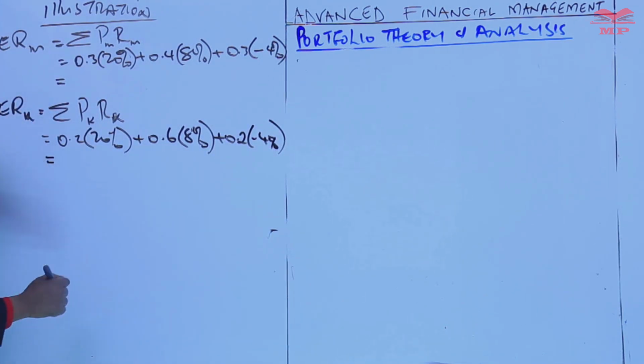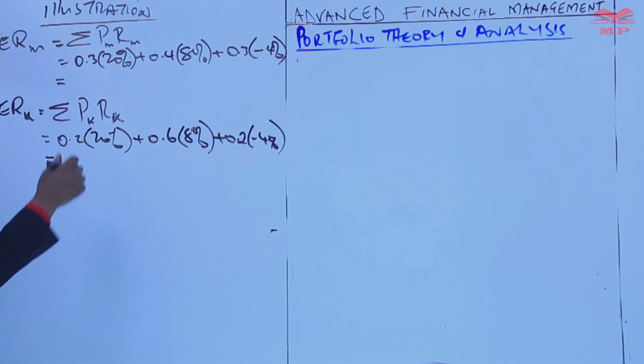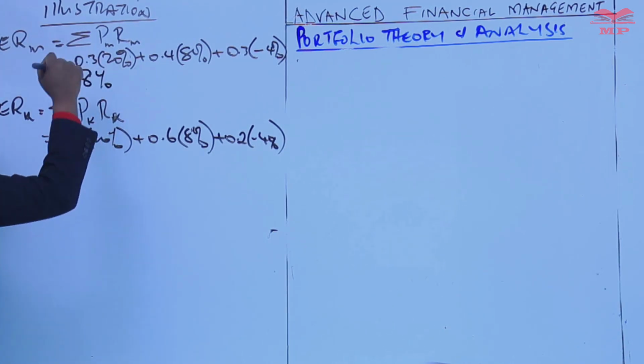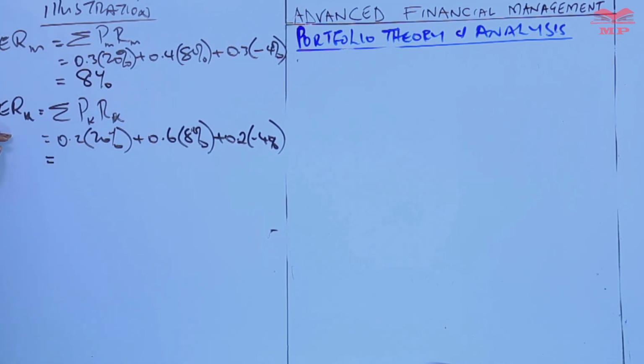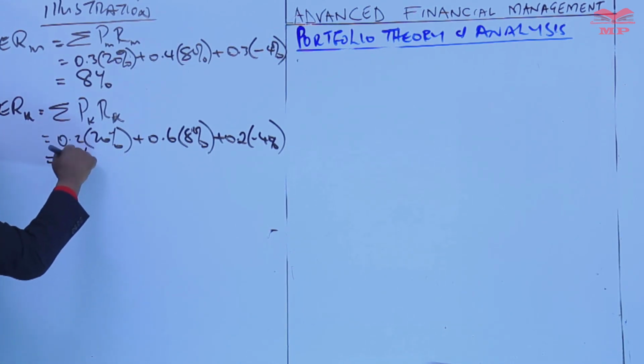What is the expected return? Investment M, 8%. Investment K, 8% again, 8%.